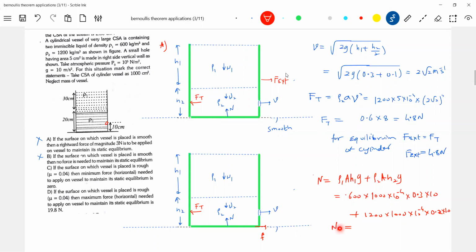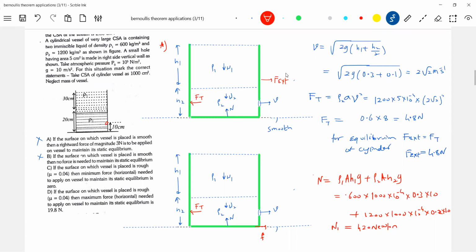Anybody give value of N? 180 plus 240, check it. Yes, sir. 420 Newton.